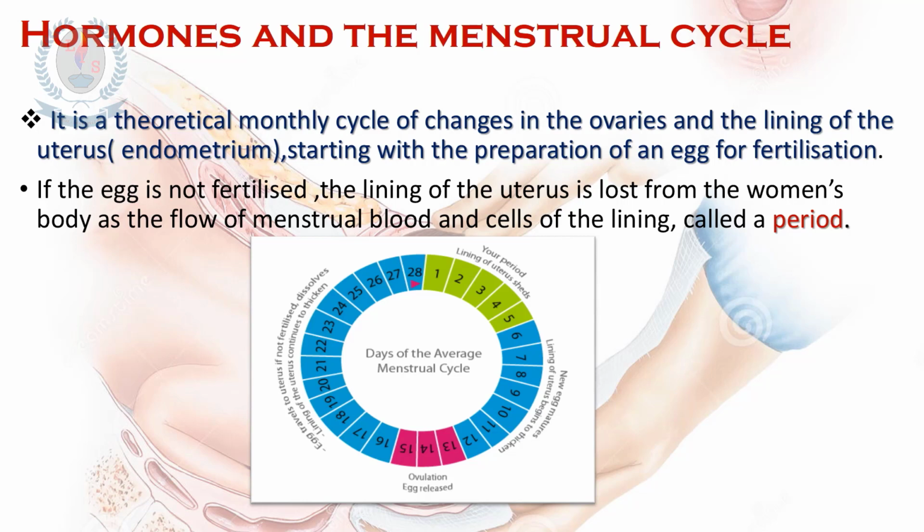This cycle consists of 28 days. Here, in this period, the lining of the uterus is shed, that means the period is coming out, and in this area ovulation takes place, that means the egg is released. So this is the menstrual cycle.